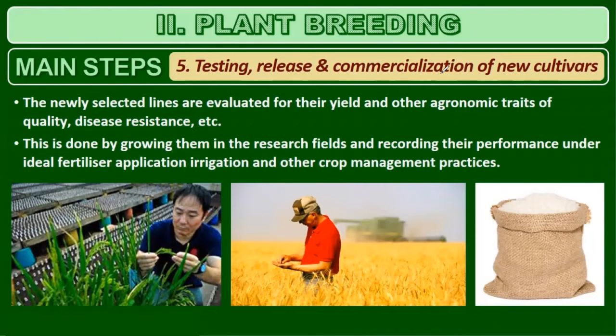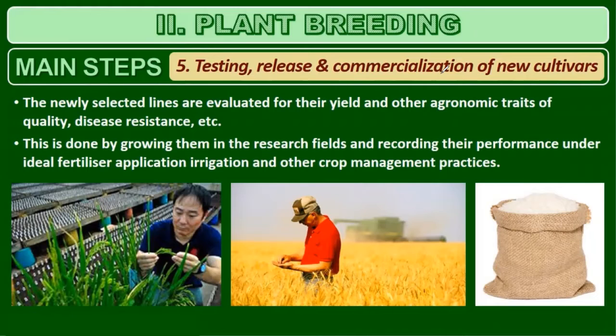In this step, the newly selected lines are evaluated again for their yield and other agronomic traits like quality, disease resistance, and the amount of proteins or oils inside it.